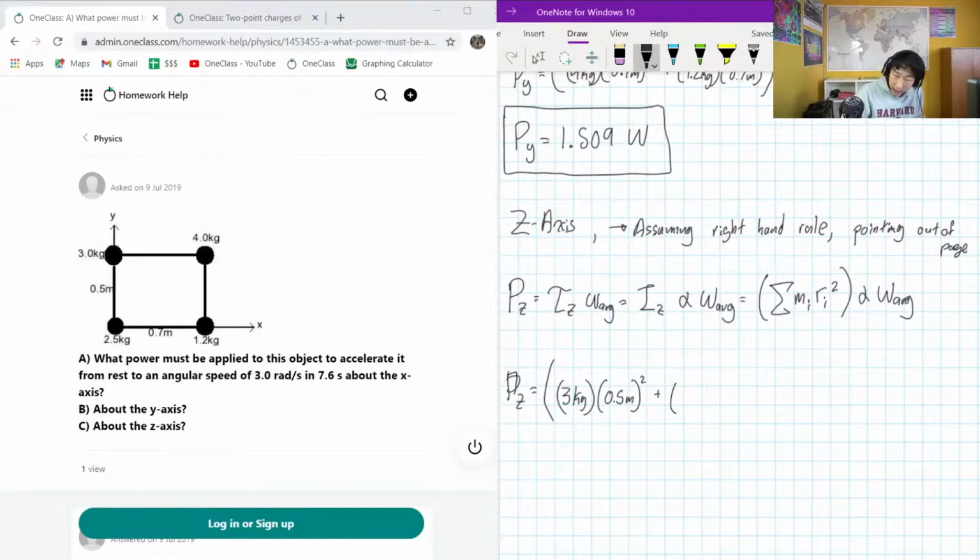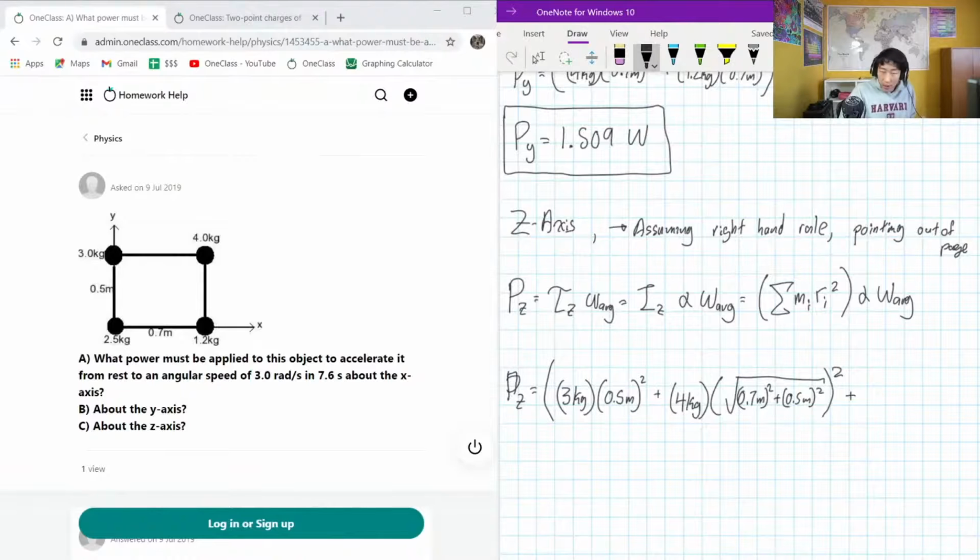That one is 4 kilograms. Since we're doing a Pythagoras theorem thing, it's going to be 0.7 meters squared plus 0.5 meters squared, all under the root. But that root really is not too relevant because we have to square it. We'll write it out just to be 1000% complete.